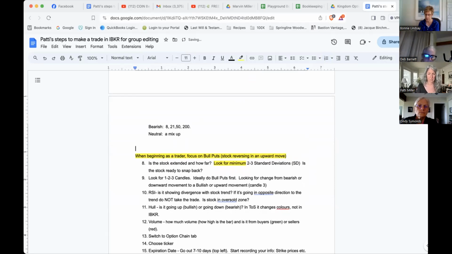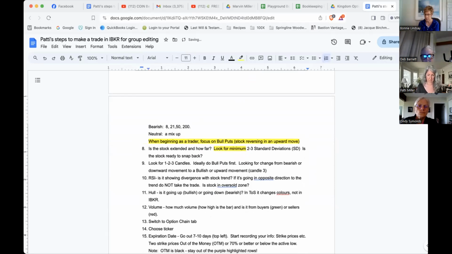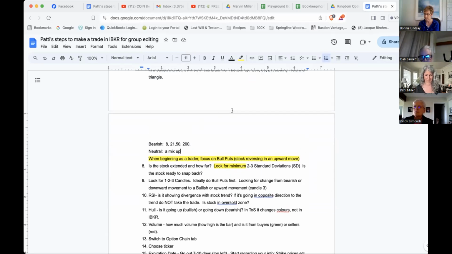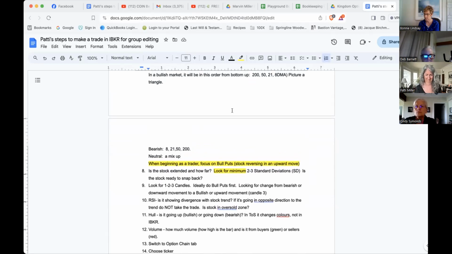It's 1:45, so at 5 we'll want to try to be beginning to trade for a put, a stock reversing in an upward move. Is the stock extended and how far?